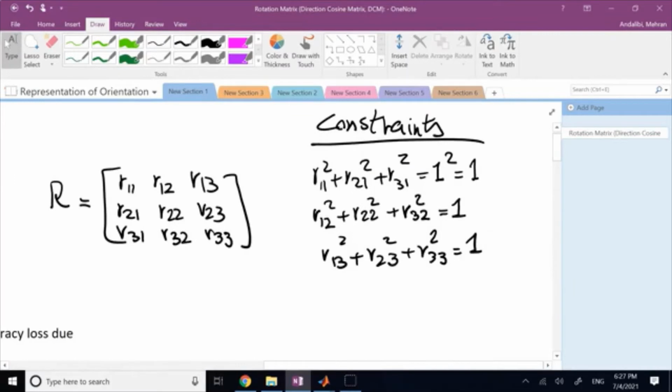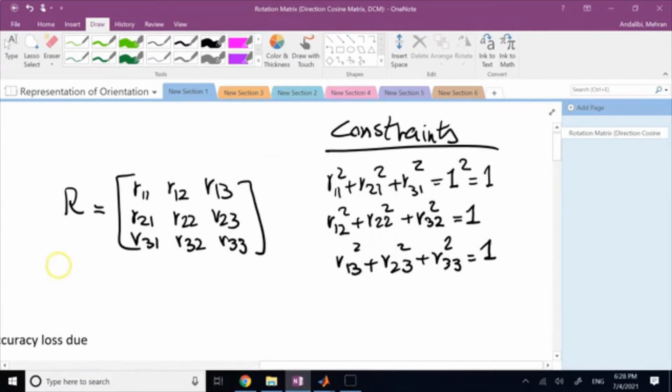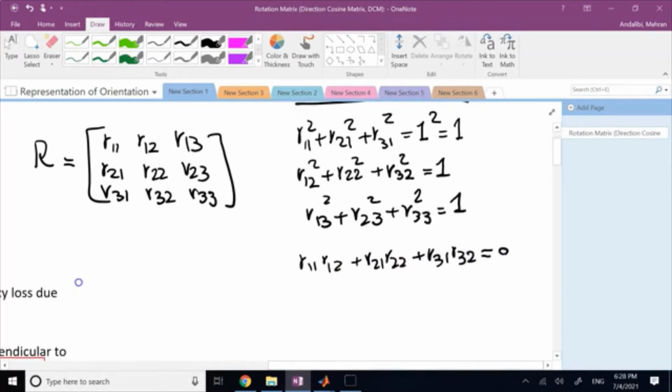Okay, so the dot product between the first column and the second column is 0 because the first and second columns are perpendicular to each other. All you need to do is dot product the first element by the second one, add it to the next, and add it to the next, and you'll see that the result is going to be 0. Okay, so the first column and the second column are perpendicular, which means what? R11 times R12 plus R21 times R22 plus R31 times R32 is equal to 0, because the first and second columns are perpendicular.